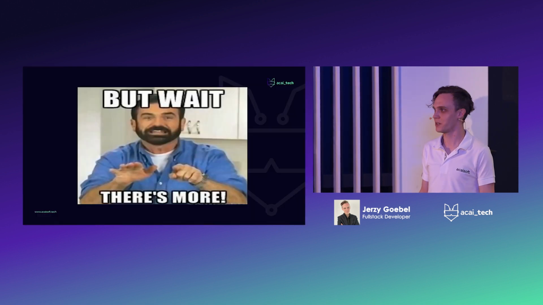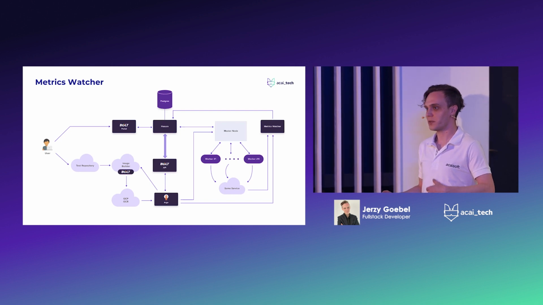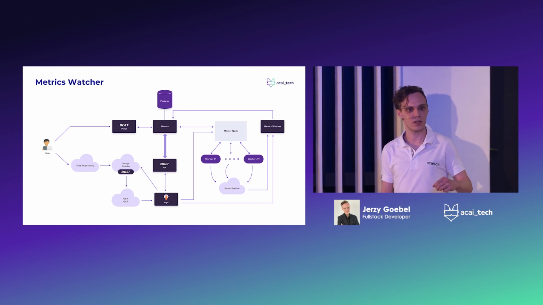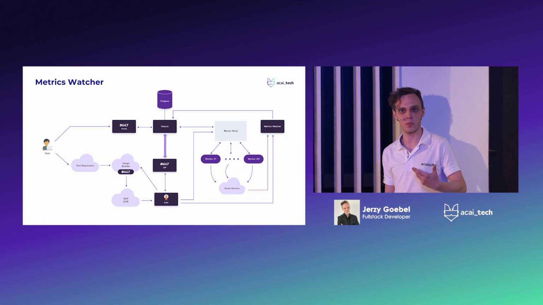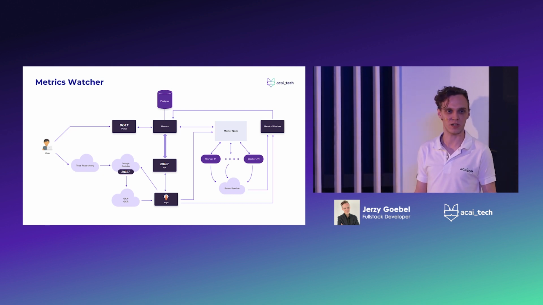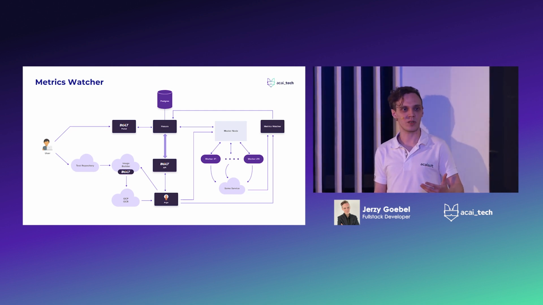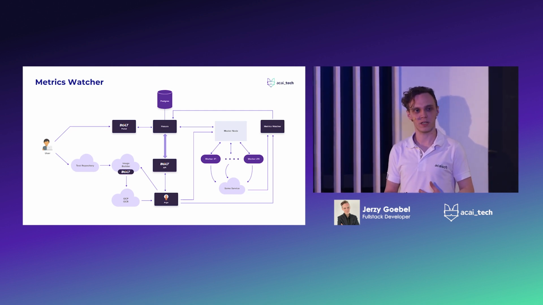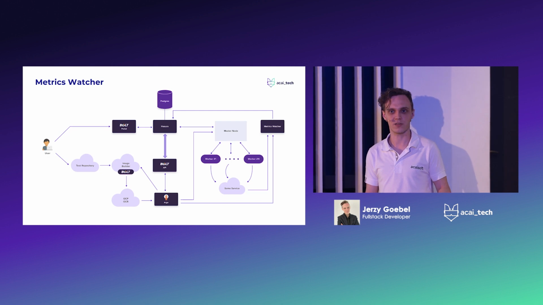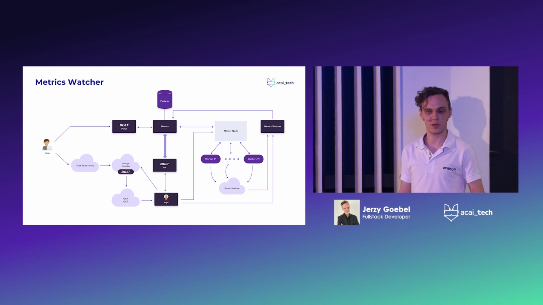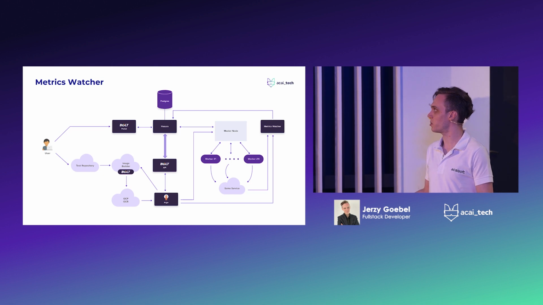But wait, there's more. It's good to have a full picture of the situation, and why don't we use the built-in... the service that we're testing against probably has a Prometheus server running. So we can kind of tap into that and not only know what is actually happening from our perspective to the service that we're testing against, but if we have accurate data from what the server itself, or the application itself, is telling us what is happening to it, that's even better because we have a full picture of what's actually happening.